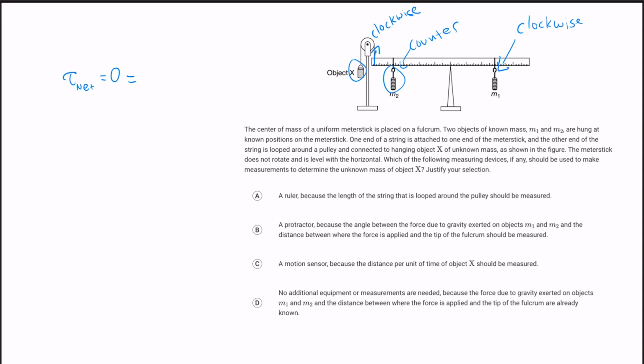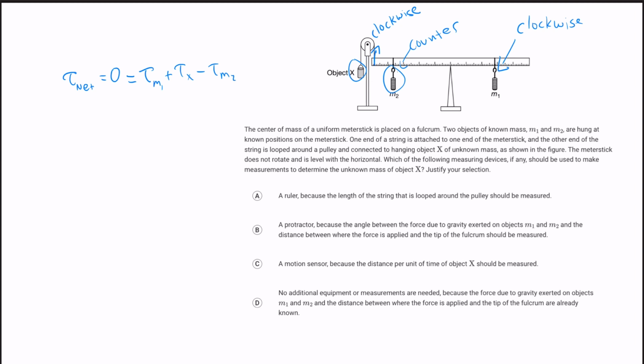So then we can say that we have torque generated by M1 plus torque generated by X minus torque generated by M2.